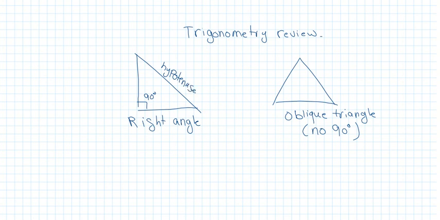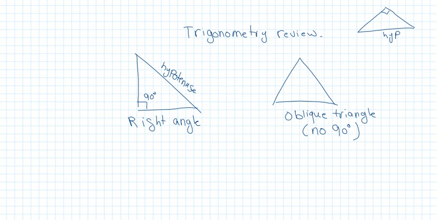No matter how you draw your triangle, so let's say if your 90 degree is right here, right? Your hypotenuse is going to be right across from the 90 degree. No matter how you draw it, the location of the hypotenuse is going to be across from the 90. For the other two sides, they change their names according to the angle that is given or the angle that you're interested in.